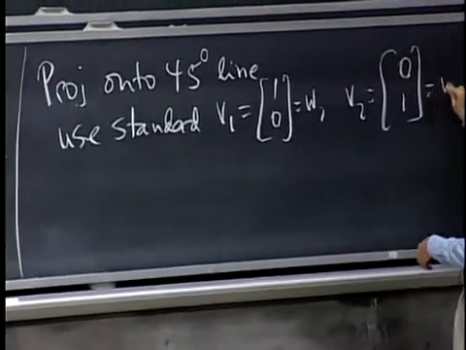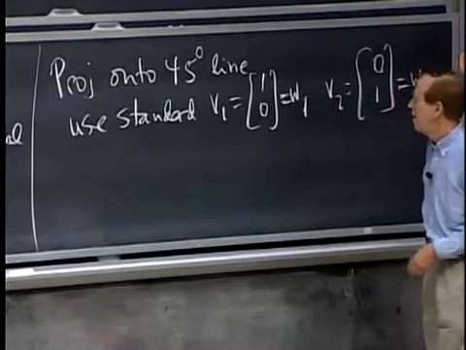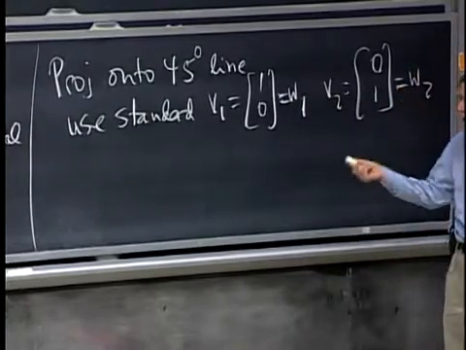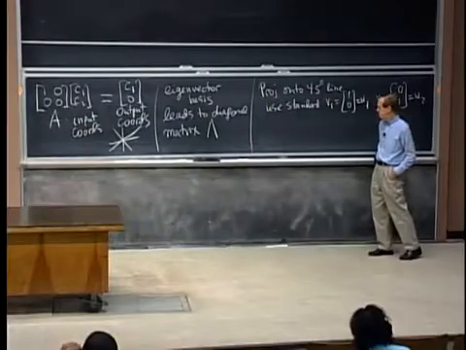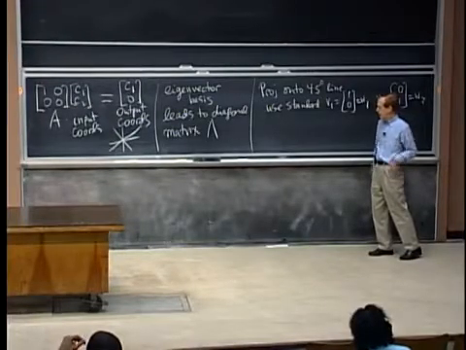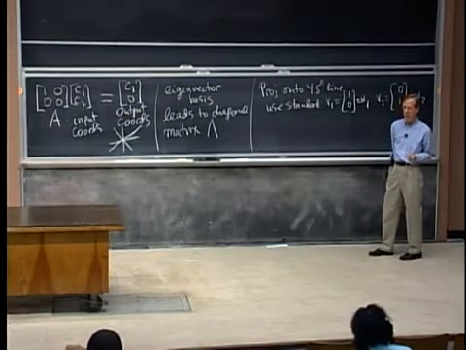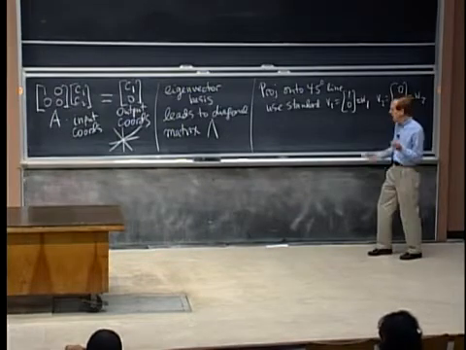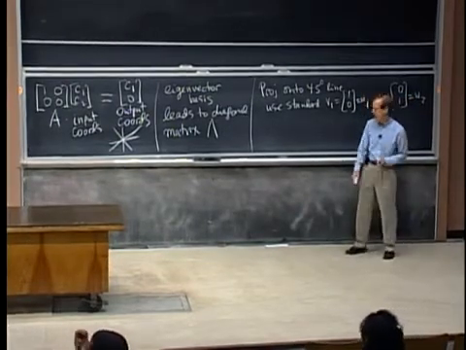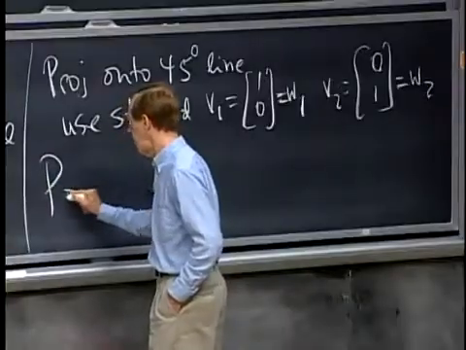And again, I'll use the same basis for the outputs. Then I can find a matrix. It'll be the matrix that we would always think of. It'll be the projection matrix. It's the matrix that we learned about in Chapter 4.